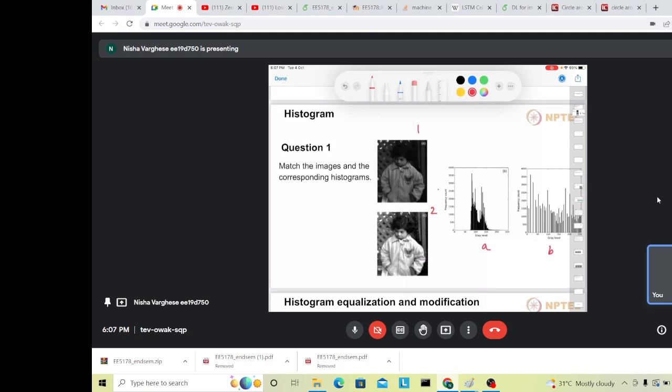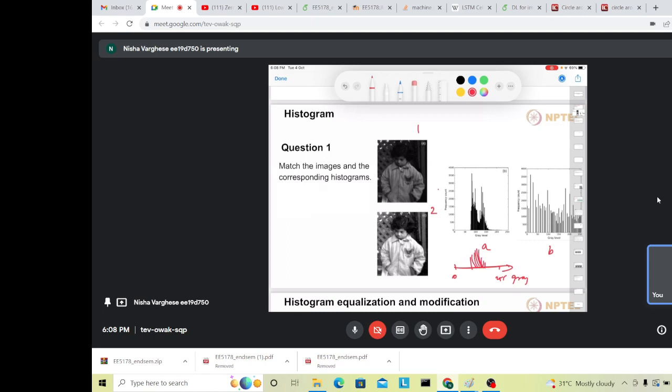In the first image, you can see that the black color and the brightest intensity levels are absent. Here in the x-axis you have the number of gray levels, from 0 to white. You can see that we have values only in the middle intensities.